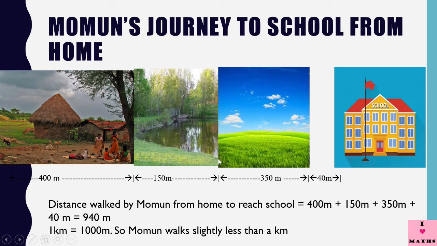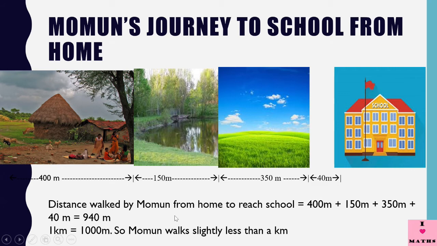After that, he runs through a field which is 350 meters long, and he crosses a road which is 40 meters long and reaches his school. We need to find out what is the distance traveled by Momon from home to school.